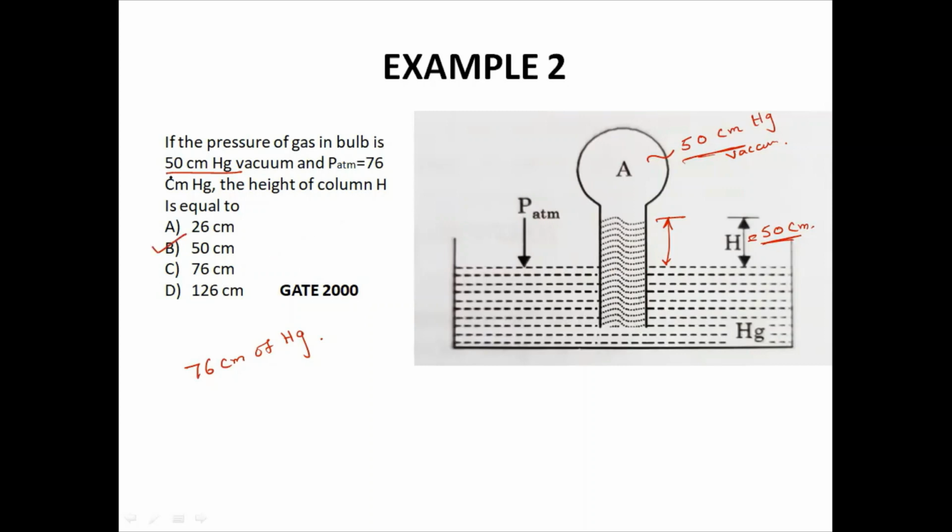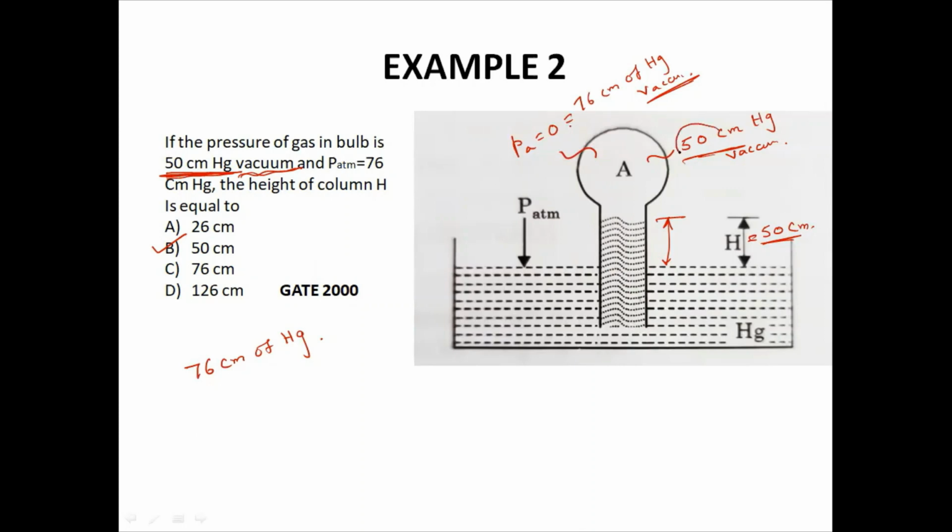So how much vacuum will be here? It is telling as a vacuum, not absolute pressure. Most important: vacuum means how much less than the atmosphere. In the previous case, the absolute pressure was zero, and absolute pressure zero means 76 centimeter of Hg vacuum, so the height was 76.